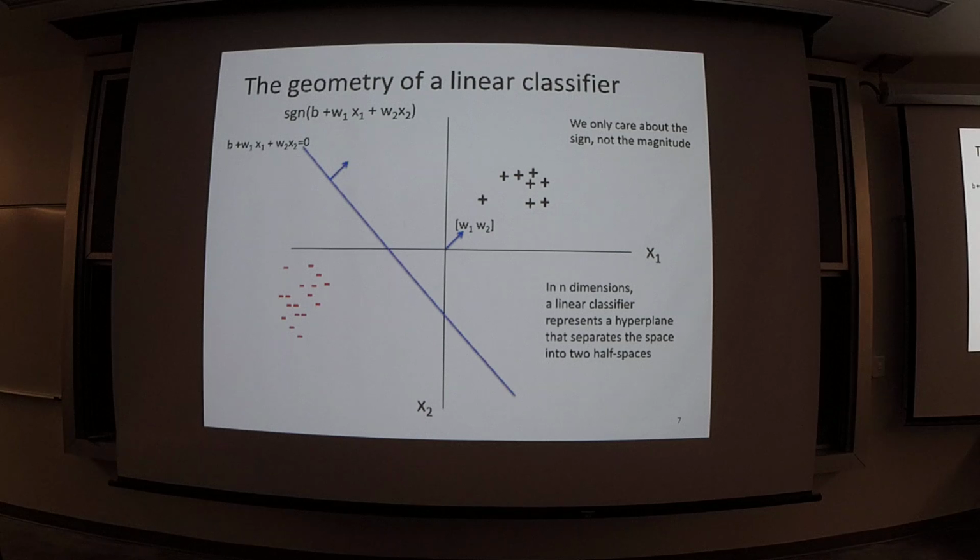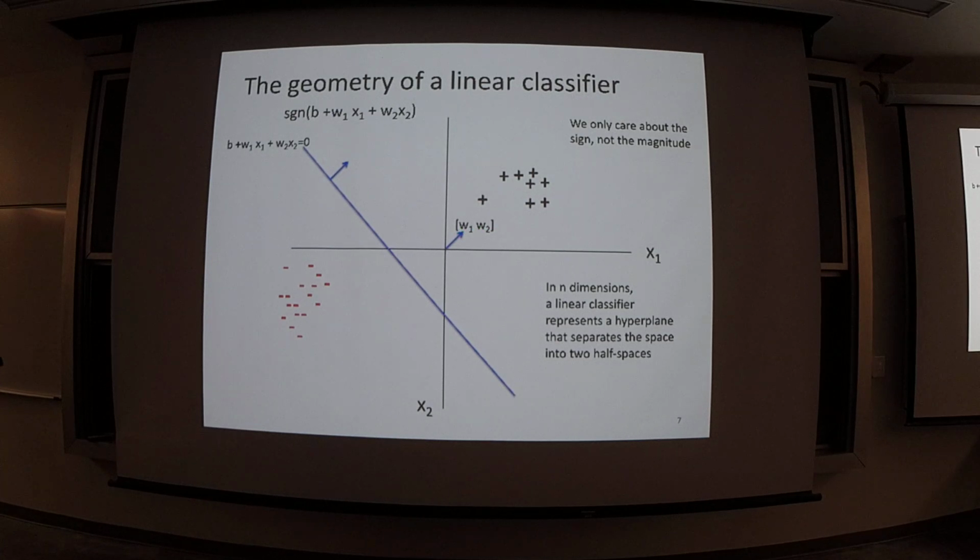So we know that the vector which is orthogonal to this classification boundary is represented by the classification weights, which is W1, W2. I mentioned that before.